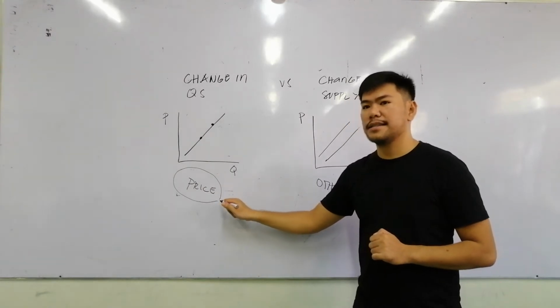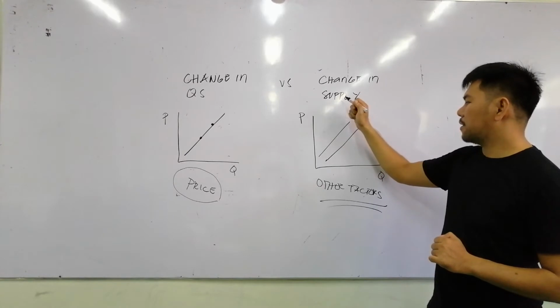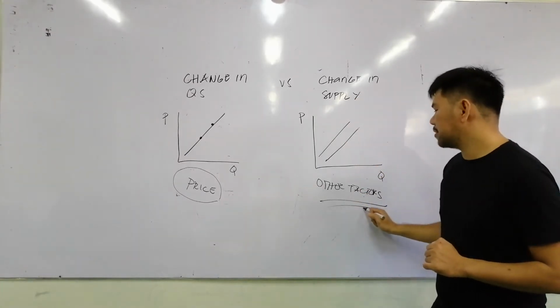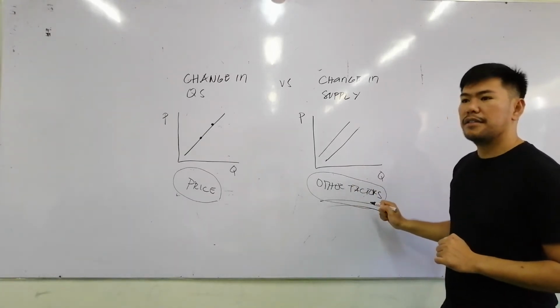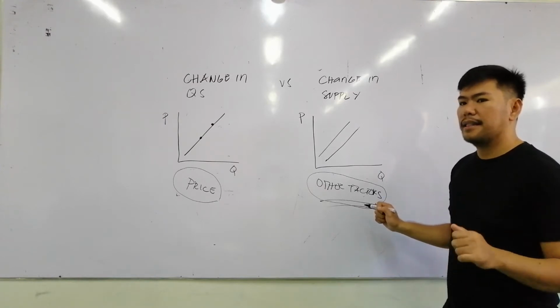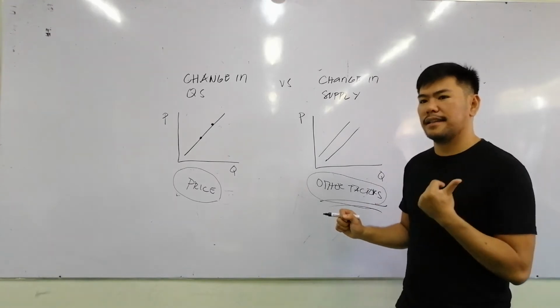It's only the price. Whereas the change in supply, what causes the change would be one of the other factors or other determinants. If you could still recall, there are several determinants or factors affecting supply, like your cost of production, change in technology, number of firms, etc.